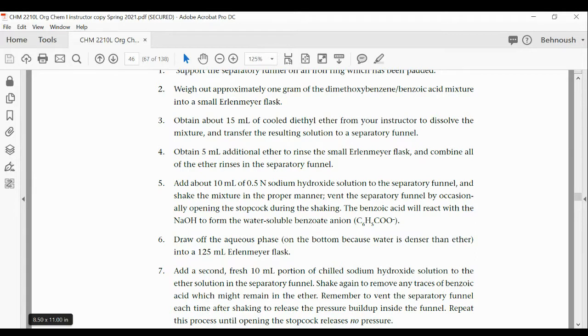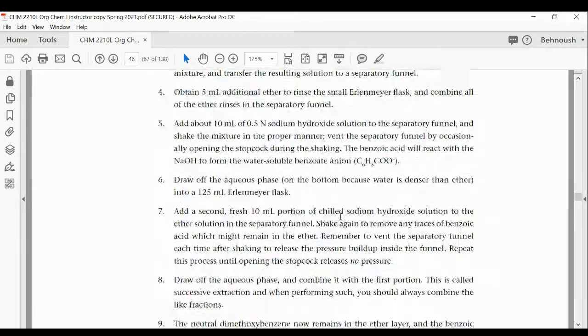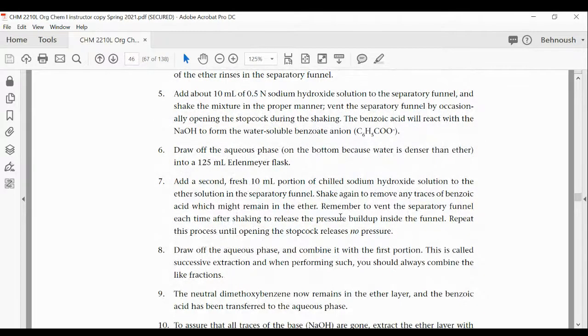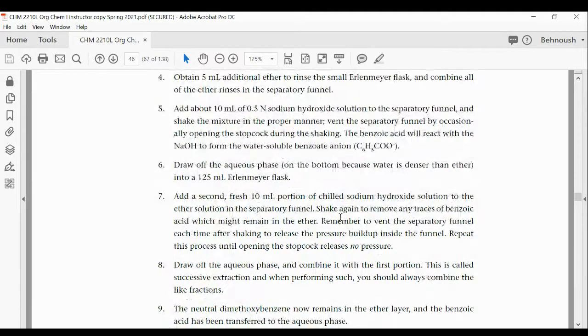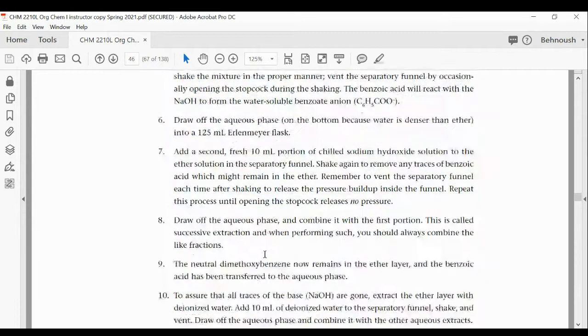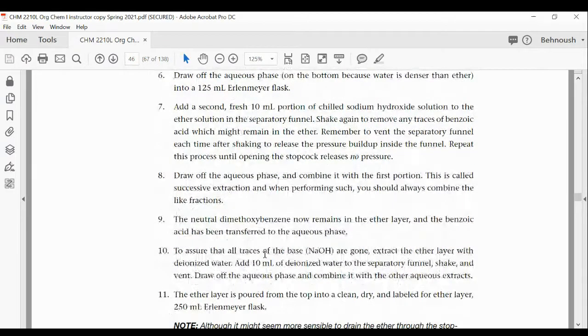Then you're adding 10 milliliters of the sodium hydroxide. And what are the steps after that? When you add the 10 milliliters of sodium hydroxide, what would you do? What's the next step before you separate it?